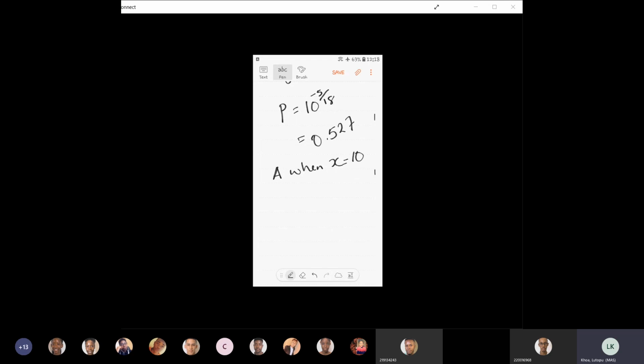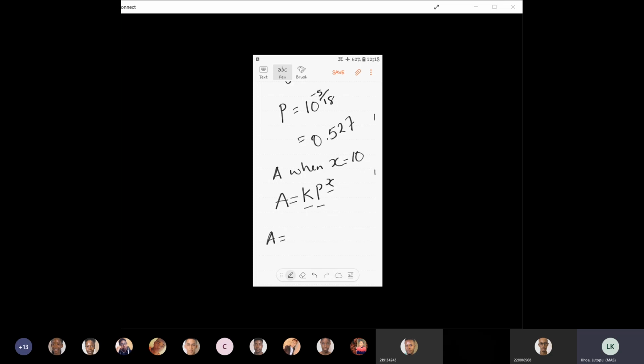So remember we have the relationship: A is equal to K P to the power of x. We solved for K and we also solved for P. Now we just need to substitute the value of x. So A here will be equal to the value of K we got.